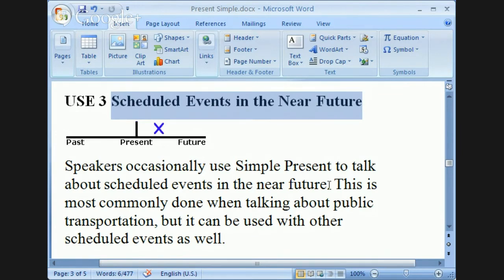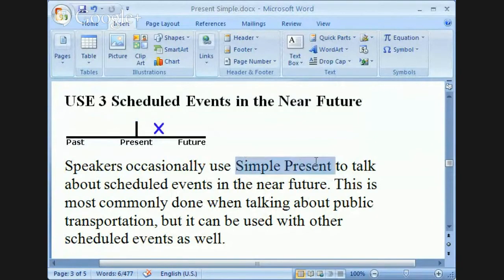The World Cup will be played in Brazil. Well, that's actually a passive simple future. You might use present continuous tense to talk about these events, but it is possible to use simple present.